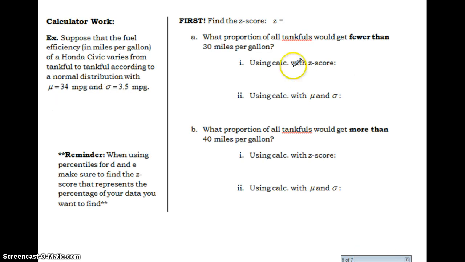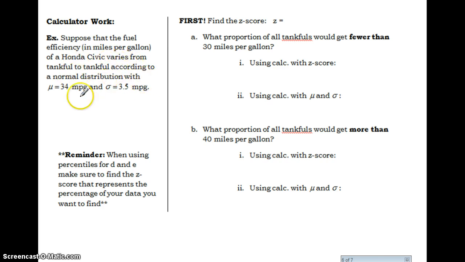So let's take a look at a few more examples and figure out how our calculator or the chart that you guys looked at in your Algebra 2 formula packet can help you. So our example is, suppose that fuel efficiency in a Honda Civic varies from tank full to tank full according to a normal distribution.